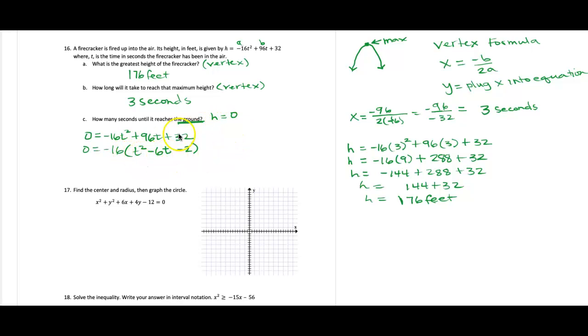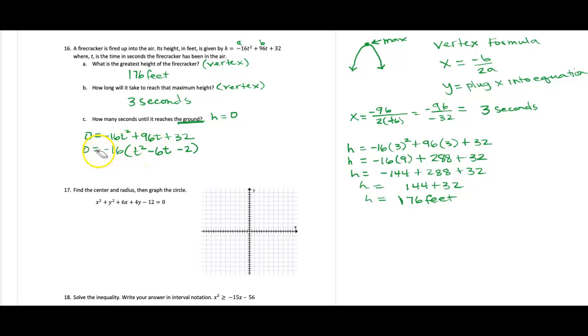So A is 1, B is negative 6, and C is negative 2. Actually, when you do the quadratic formula, we have to go back to the beginning. We have to use these numbers up here. So I was going to ask what you do with the negative 16. Yeah, no, you can't use it like that.